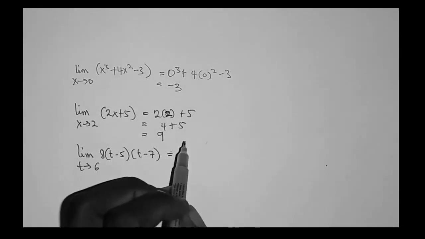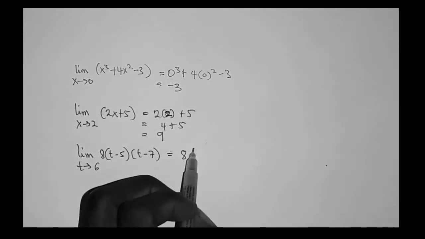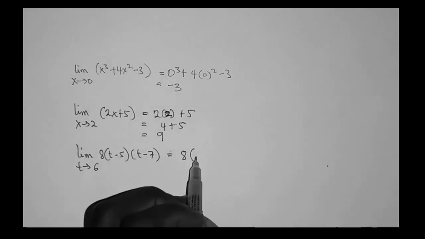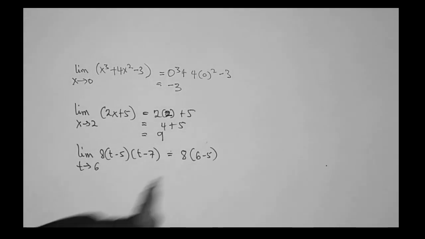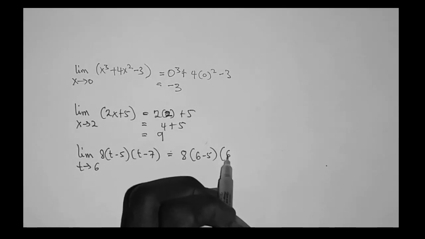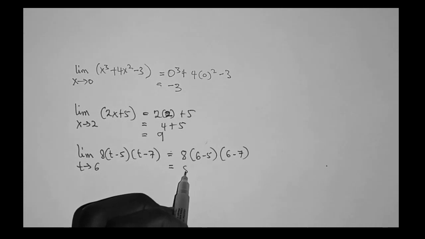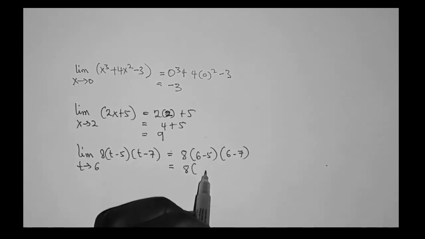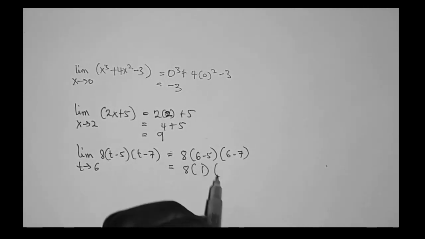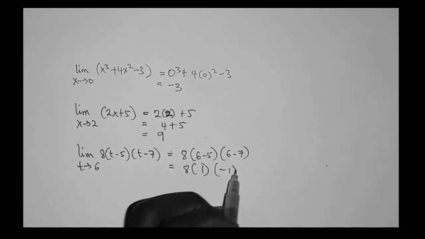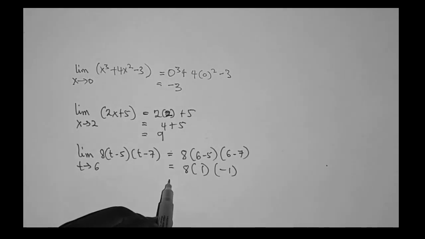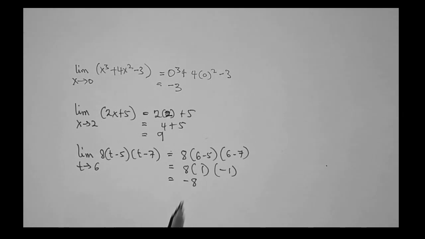So this is equal to 8 times (6 minus 5) in one bracket, times (6 minus 7) in another bracket. 6 minus 5 is 1, then 6 minus 7 is minus 1. Minus 1 times 8 is minus 8. Therefore, as t approaches 6, this function approaches minus 8.